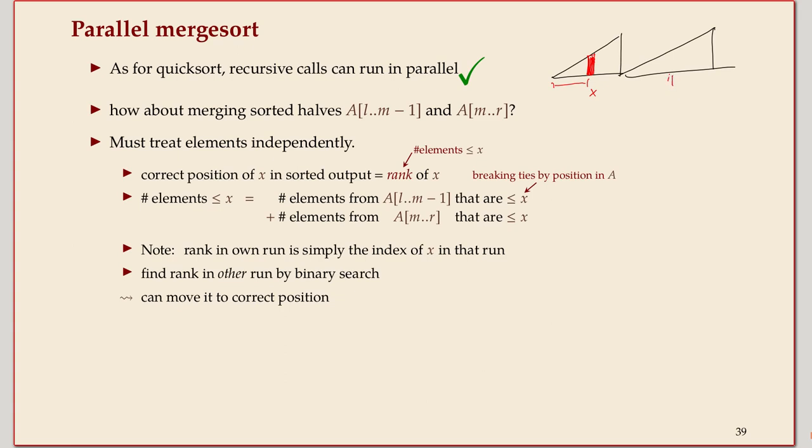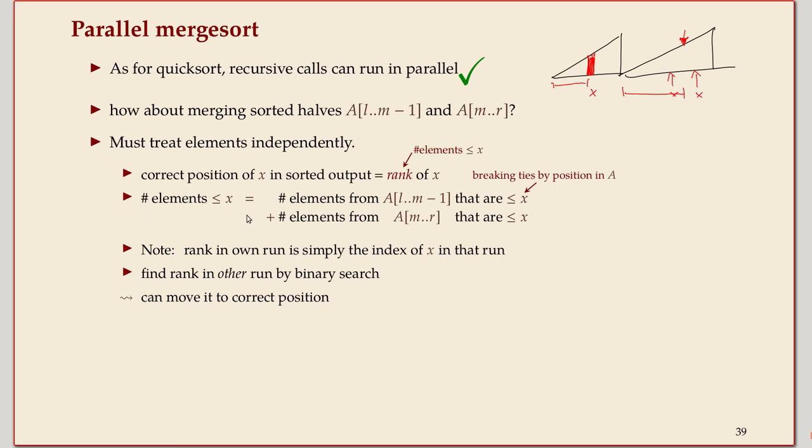I can compare X with the middle, and if it's bigger, I can compare X with the 75% position here. So eventually, I will find that if X was in this run, it would belong at this position, which means it's smaller than so many elements from the second run. If I add those two numbers up, I will get the rank of X in the entire sorted list.